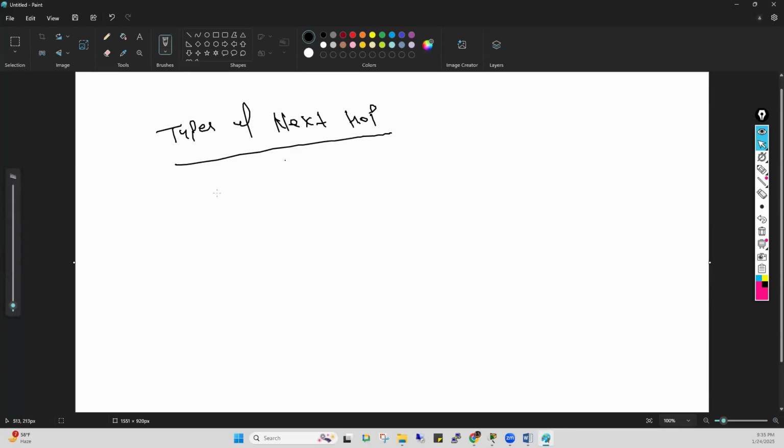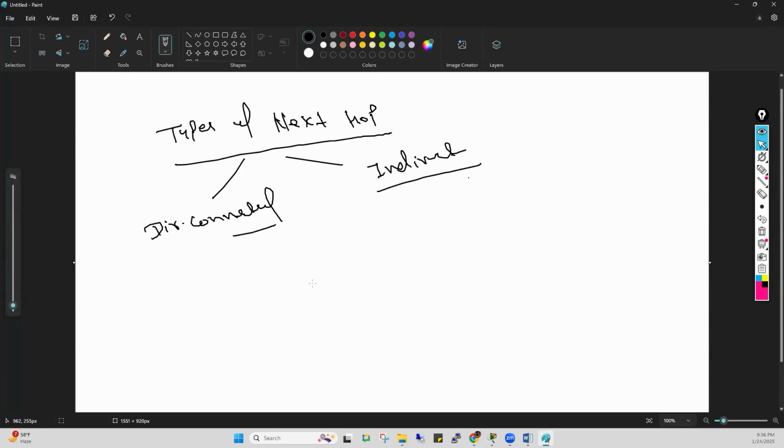Clear? Now one more thing you need to understand about the next stop. There are two types of next stop. First one is called directly connected, and second one is called indirect.